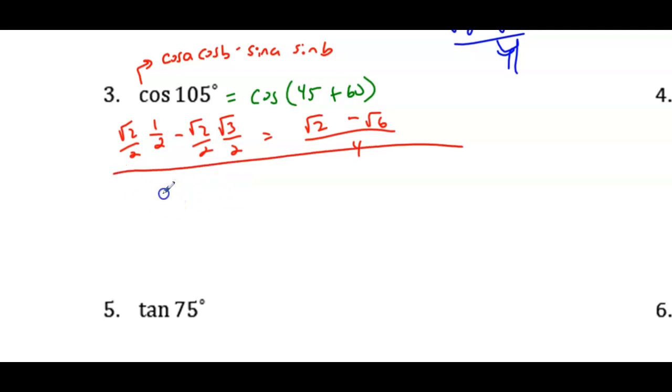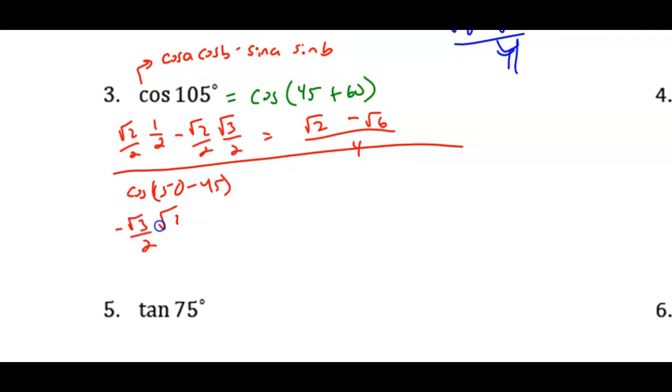Real quick, let's say we did the difference. Maybe I did 150 minus 45. Cosine of 150 is negative radical 3 over 2.